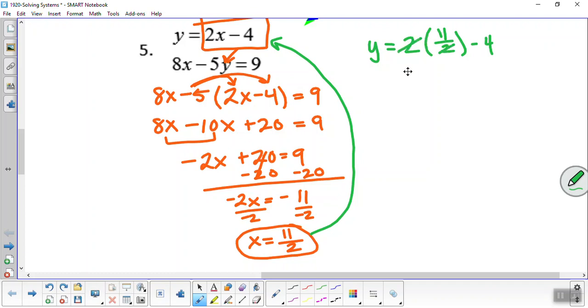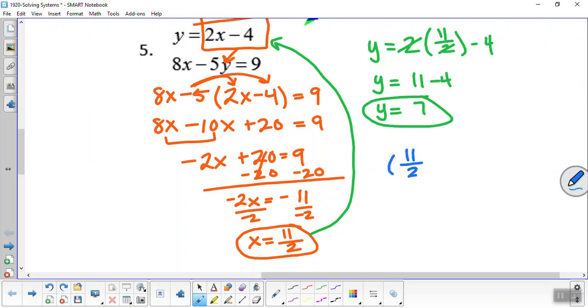So 2 times 11 over 2 becomes y is equal to 11 minus 4. Then we have 11 minus 4, so y equals 7. So my answer here as a point is parentheses 11 over 2, comma, 7.